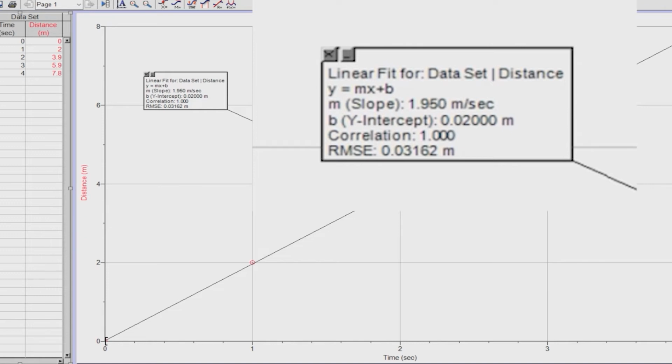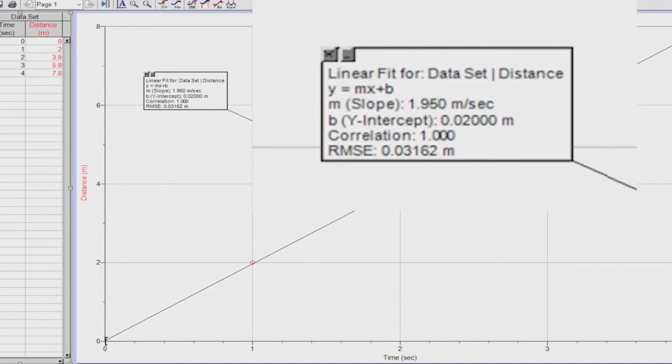Now, the intercept is irrelevant. In this particular case, we started out at 0, and it shows that the y-intercept is 0.02, which means the best fit straight line doesn't start out at quite 0. But we're not interested in that. We're interested in the slope. And why is that? Because distance traveled divided by time elapsed, distance divided by time, or displacement divided by time, is the definition of velocity.